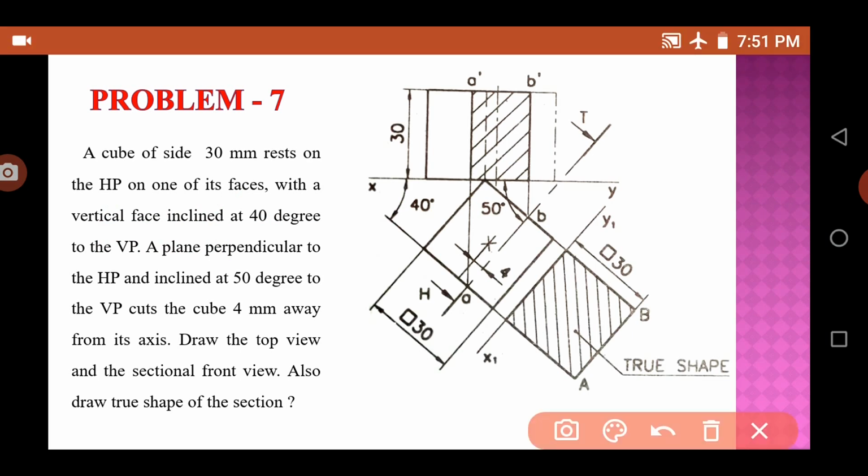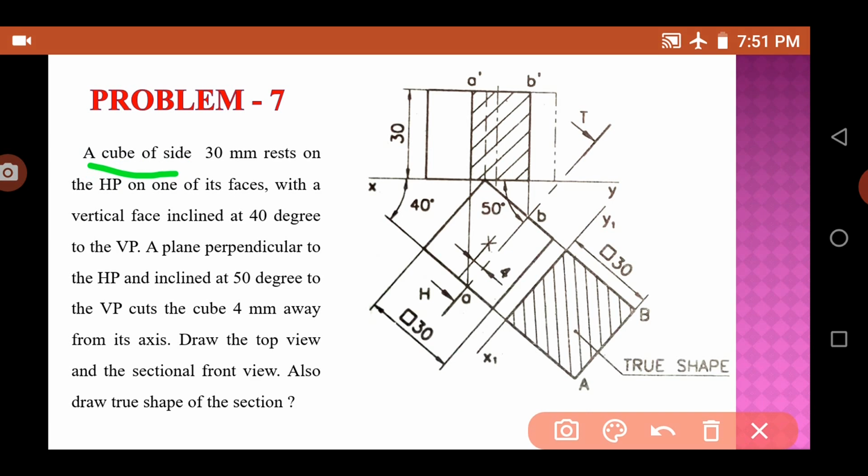So a cube of side 30 mm rests on the HP on one of its faces with the vertical face inclined at 40 degree to the VP. So what does it mean? A cube is just a solid which has length, breadth and height, the three things that give the volume.